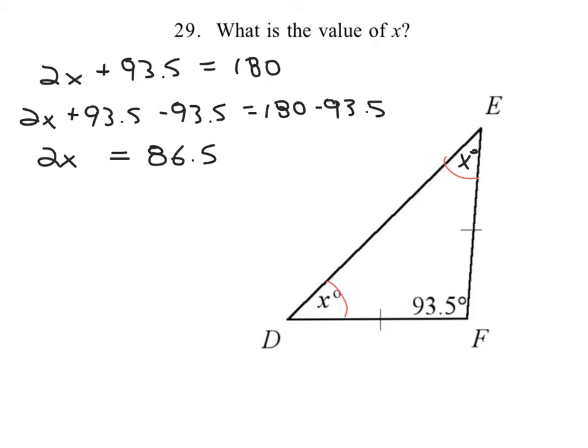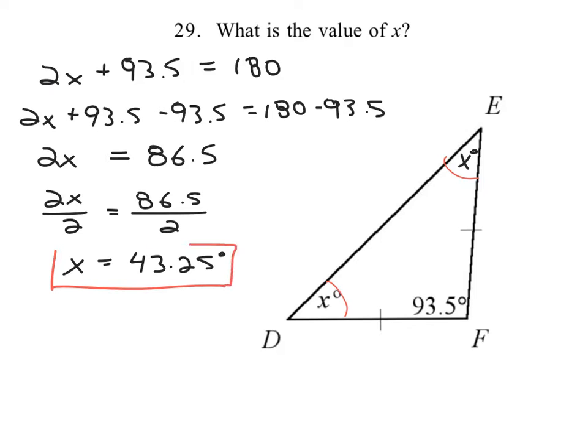I did that in my head. You might need a calculator, I don't know. And then if that's true, then 2x divided by 2 equals 86.5 divided by 2. And doing that, you get 43.25 degrees. That's how you think about it.